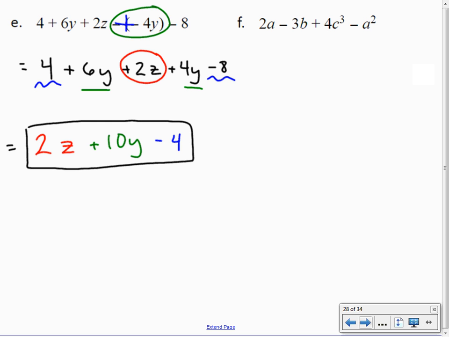Now, f is a little tricky. I look at f and there doesn't seem to be anything I can combine because there aren't any like terms. I have an a and an a squared, but I can't combine those because the exponents are different. I have a b and I have a c cubed.